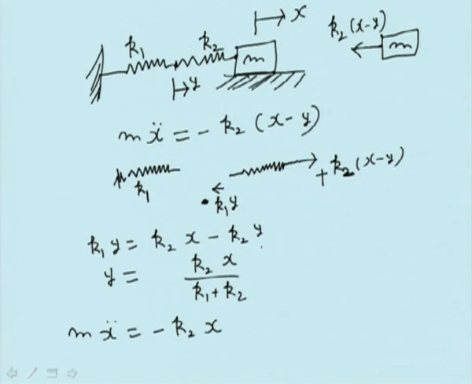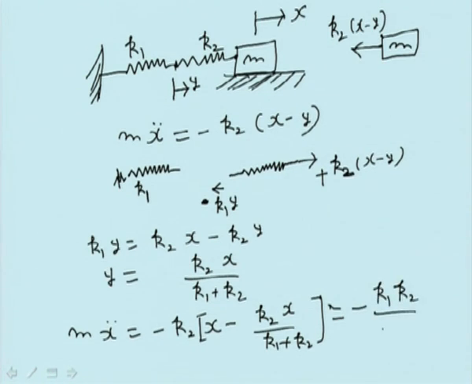So this is x minus k2 x divided by k1 plus k2. Simplify it, this will come out to be minus k1 k2 divided by k1 plus k2 times x. Compare it with m x double dot is equal to minus k x.